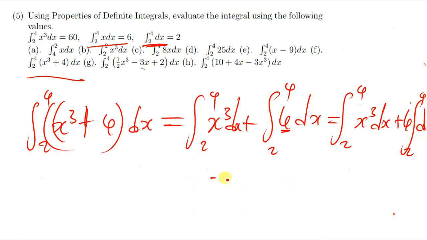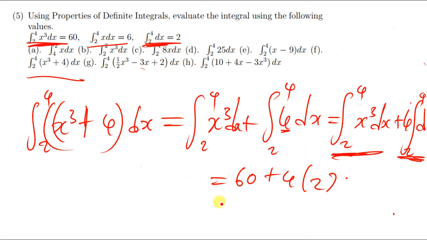So the first part is what you are seeing there, which is just a 60. And then the other part there we have 4 times this part, which is exactly what you're seeing there, which is just a 2. So when you say 60 minus 8, the answer is simply 52.